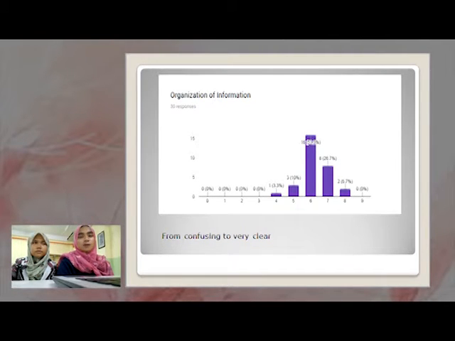And the next is the organization of information. We put the scale from confusing to very clear. Most respondents chose 6, and we can conclude the organization of the information is very clear.